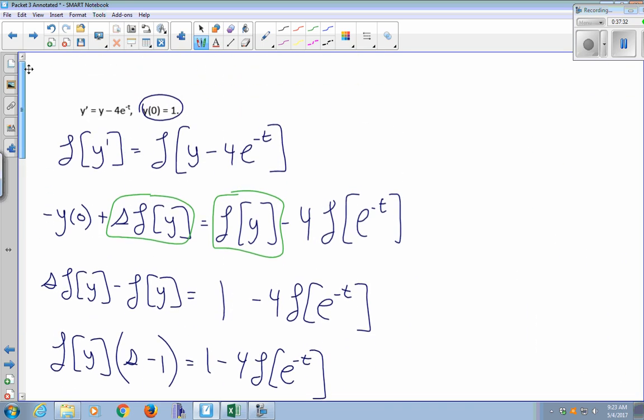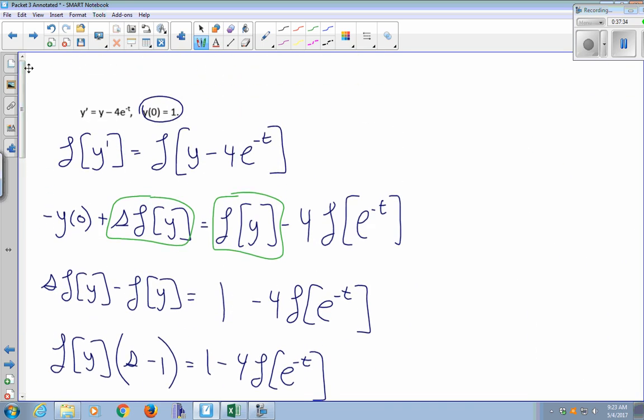Well, this particular differential equation had forcing, right? So this would have been a 3-step process, right? Solve the homogeneous system, then guess a particular solution, add them together, then solve for your constants. It would have been a long process.